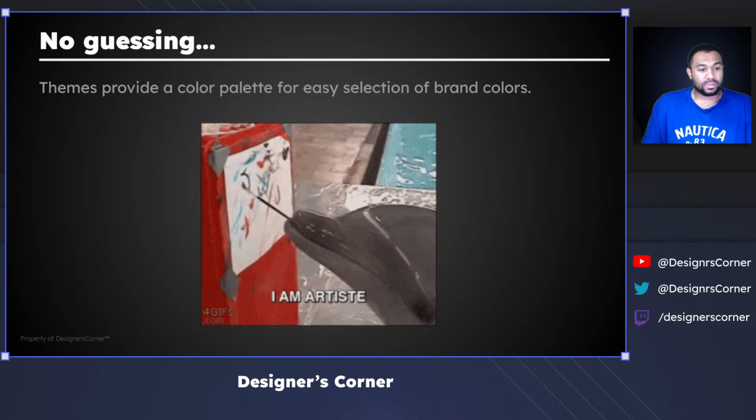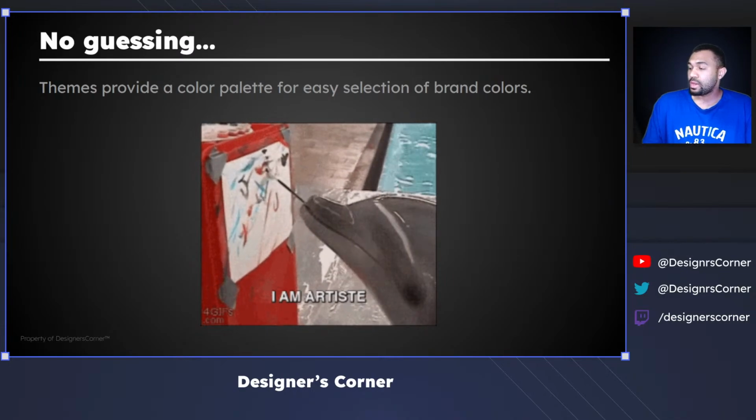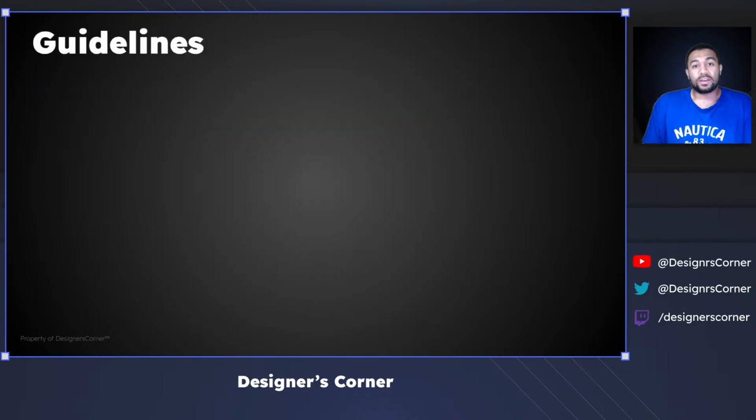We'll see what that entails as well. Also, we have guidelines. Guidelines will help us to place our images on the canvas, and if it's an image or a text or anything like that. So let us go and get into a little bit of this.